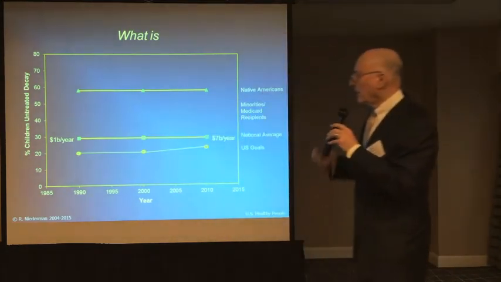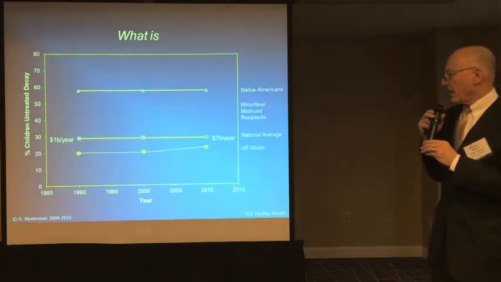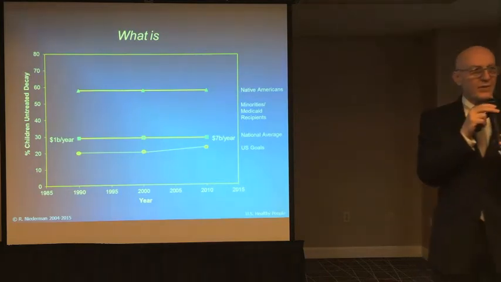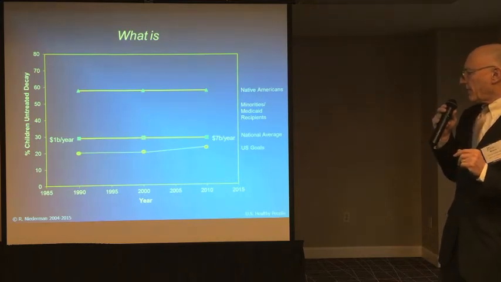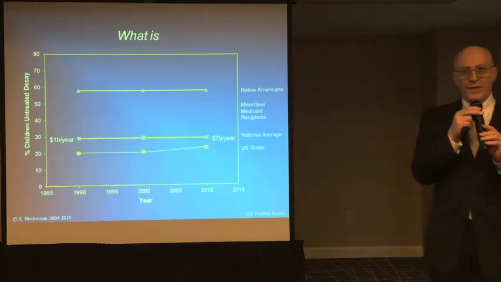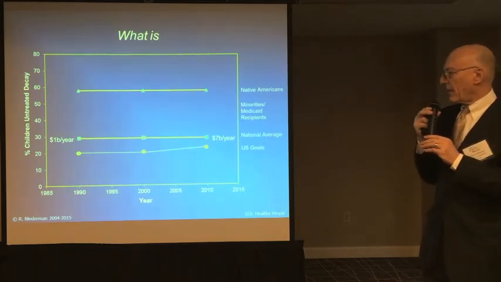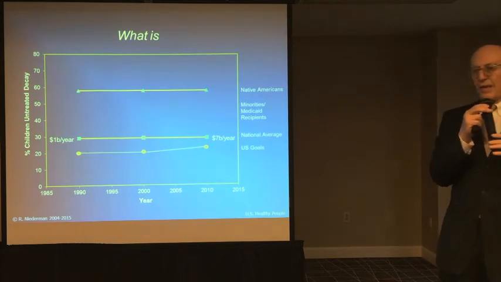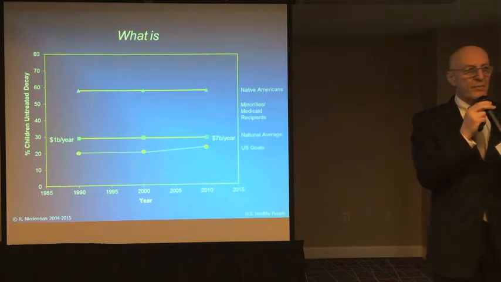Our goal in 1990 was to move down to 20%. In 2000, it was to move to 21%, and in 2010, it was to move the goal from 30% down to 26%. So over that same 20-year period, we spent in 1990 $1 billion a year to treat Medicaid kids, and in 2010, we spent $7 billion.